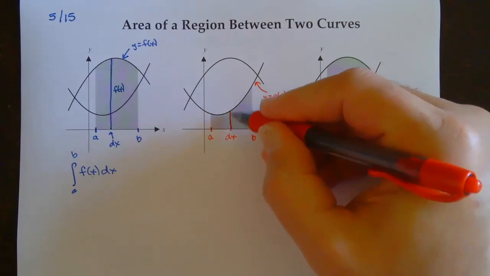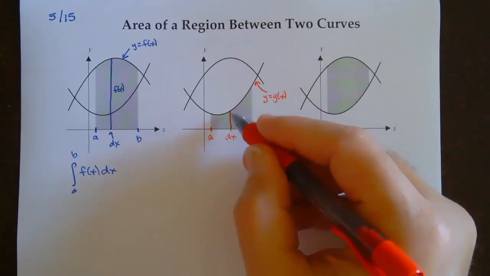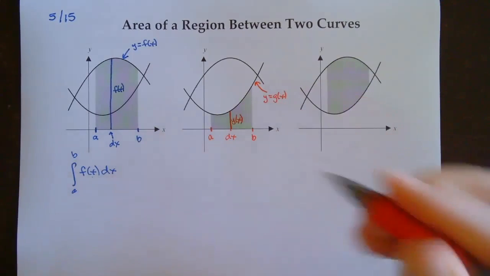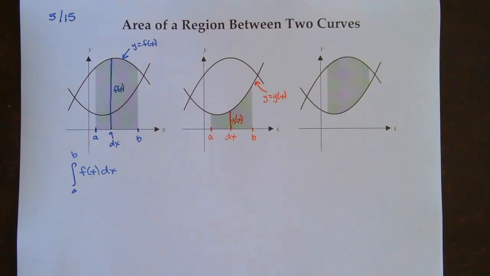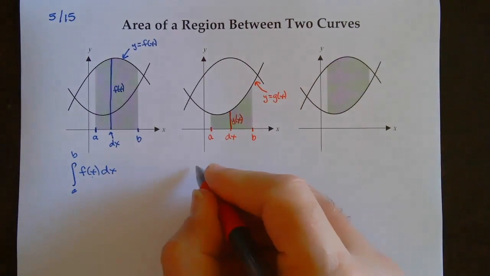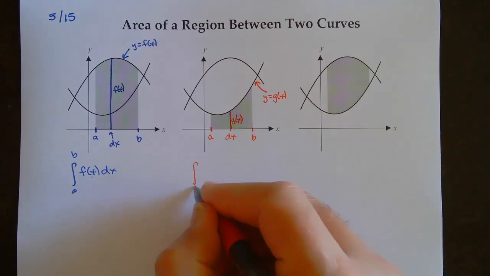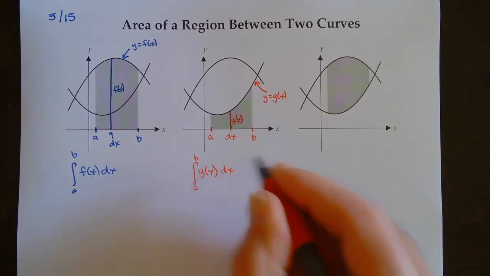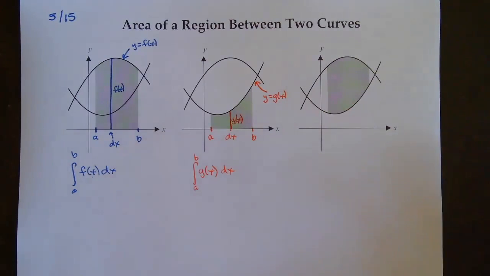The height, or length, of the rectangle would be g of x. So this would have an integral from A to B of g of x dx, and that would represent this area.